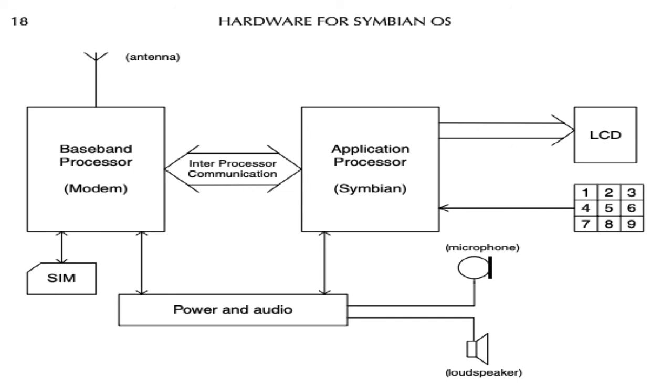Here we have the processor and the memory. As I said, this is an embedded system, and you have the modem for the signal, linked to the SIM, and the power and audio: the battery, microphone, and speaker. You have the keyboard and the LCD.